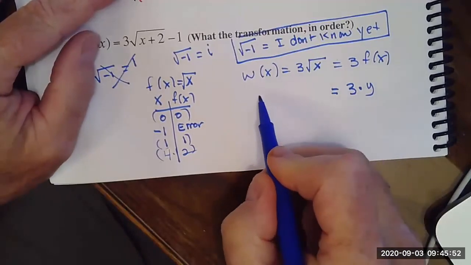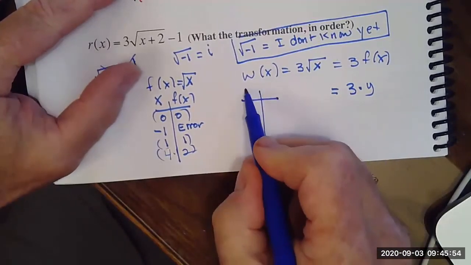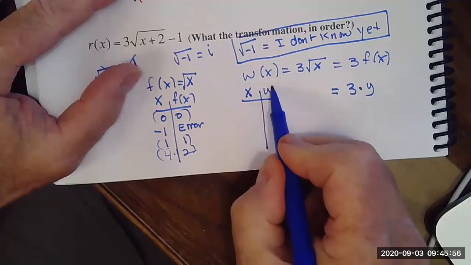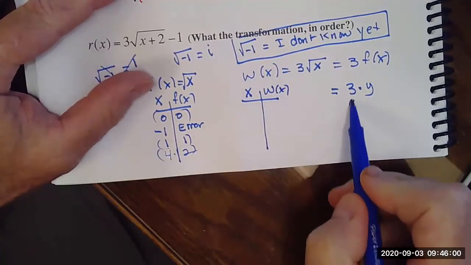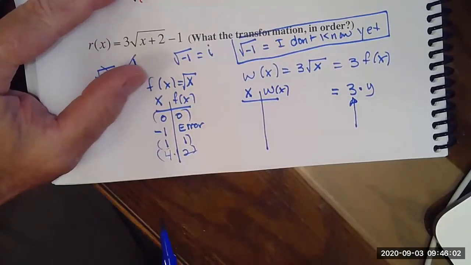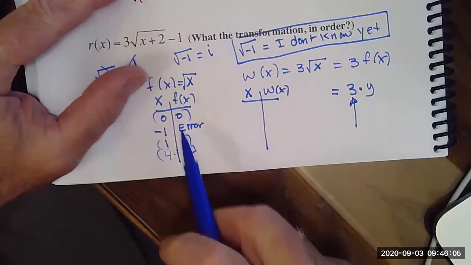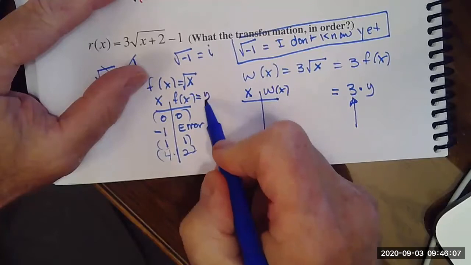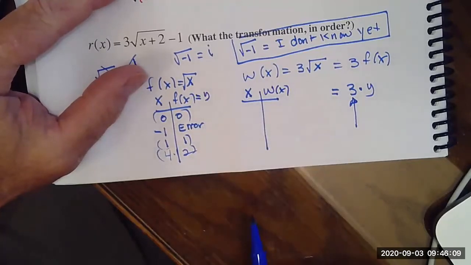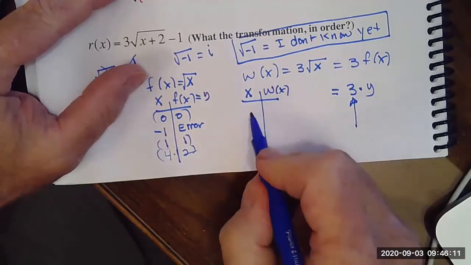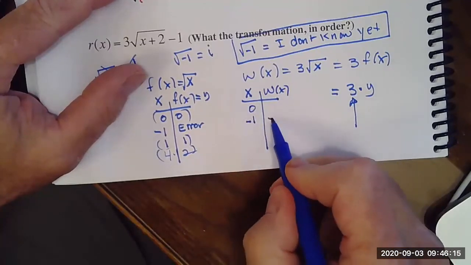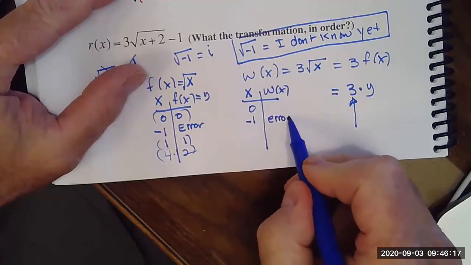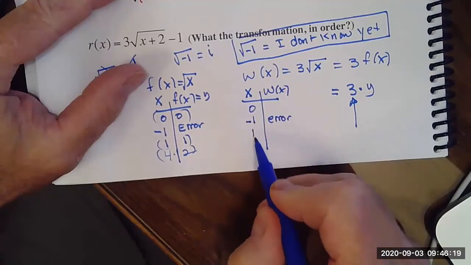Now, so what I'm saying is, all I have to do is multiply all the Y values that are over here. This is Y by 3. Leave the X values alone. So 0, okay, -1 should still be ERROR, and 1 and 4.